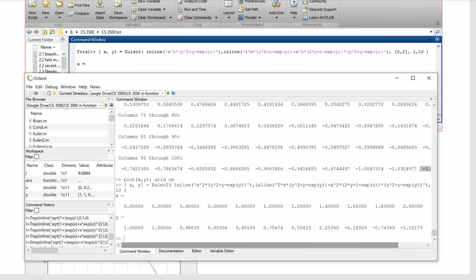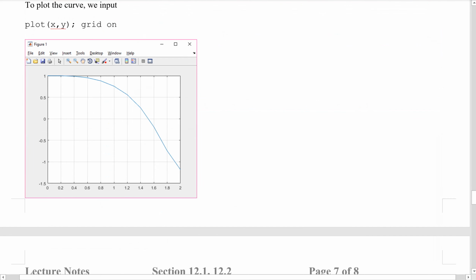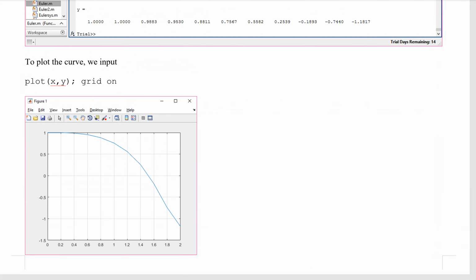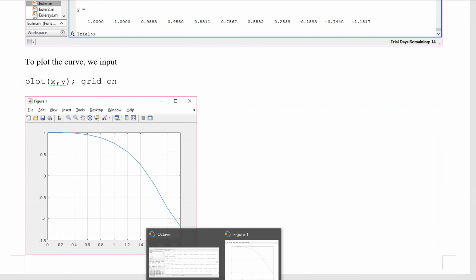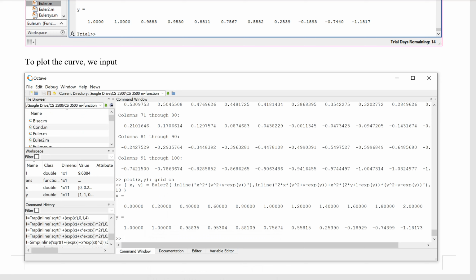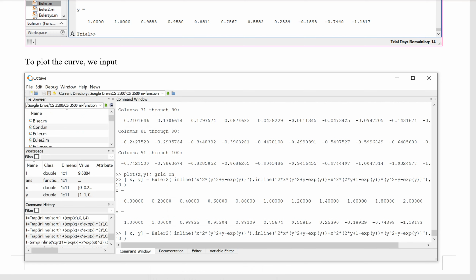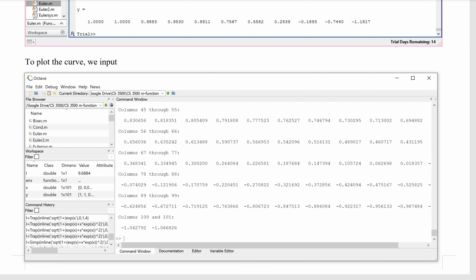Let's see here. Okay, so if we increase the steps, let's do 100. Oh, so we also get small numbers, and they're quite close.